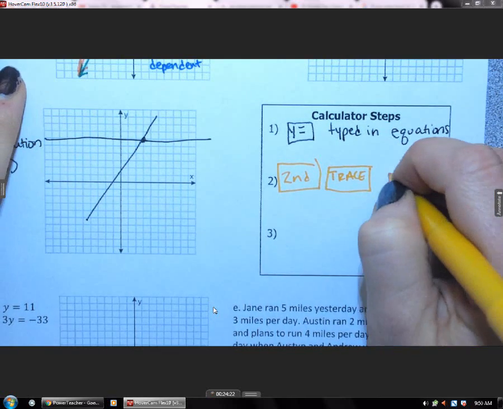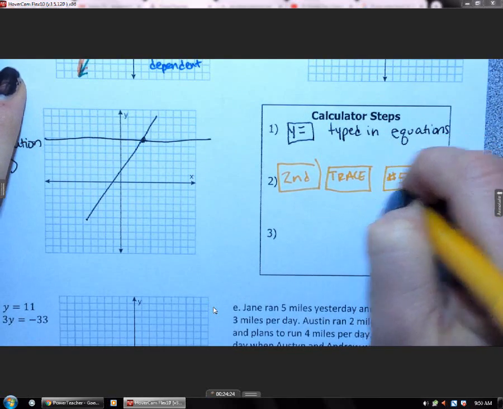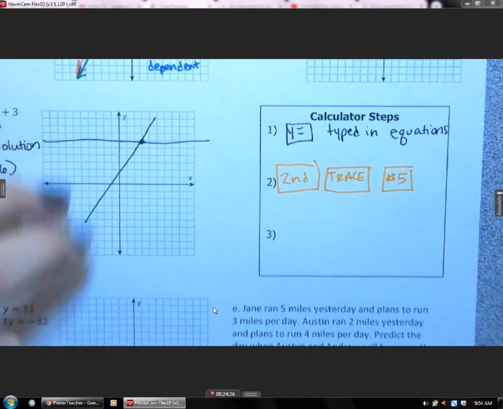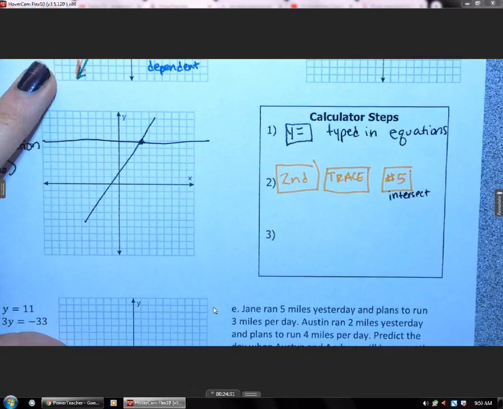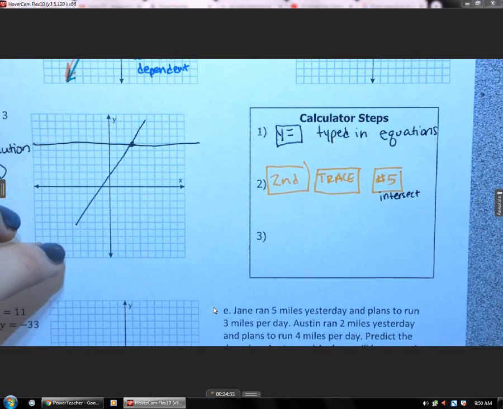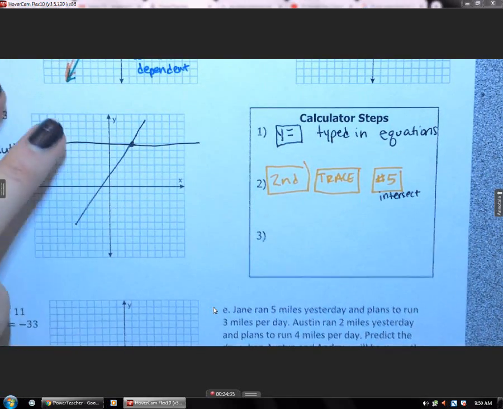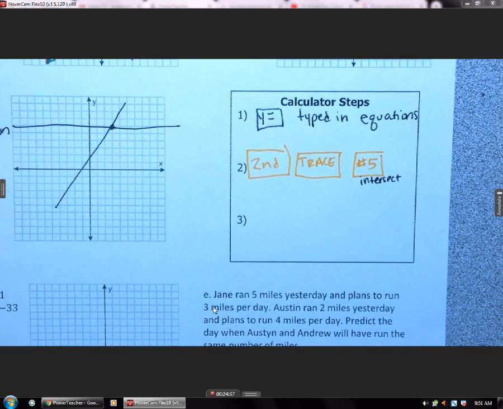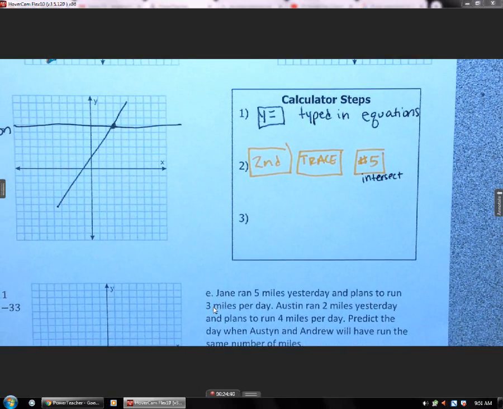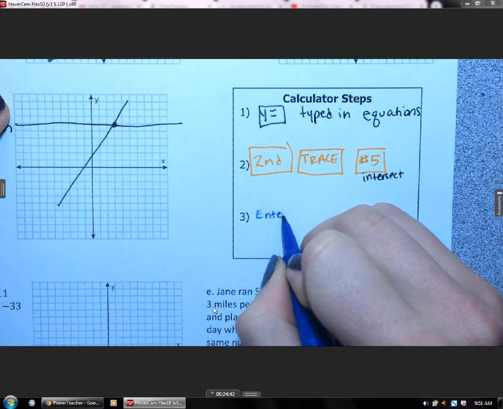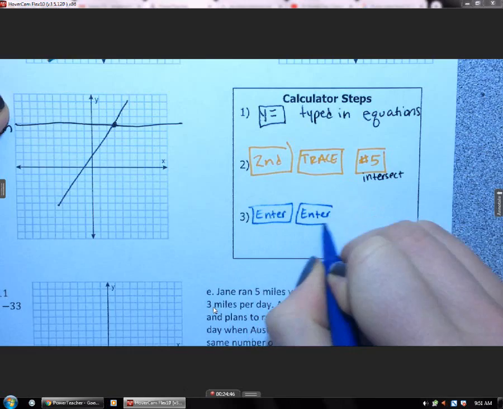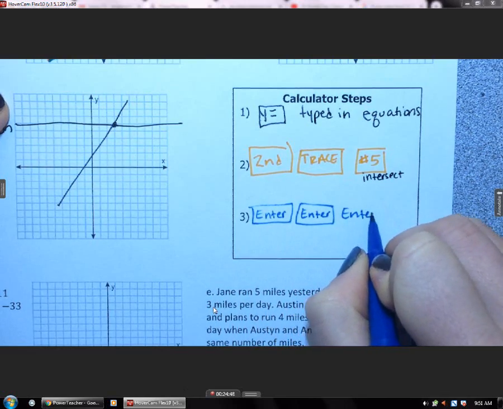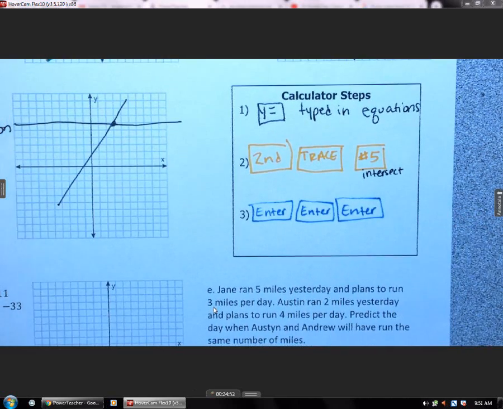And then we went to number 5, where it said intersect. And then we pushed enter 3 times. And then it gave us the point.